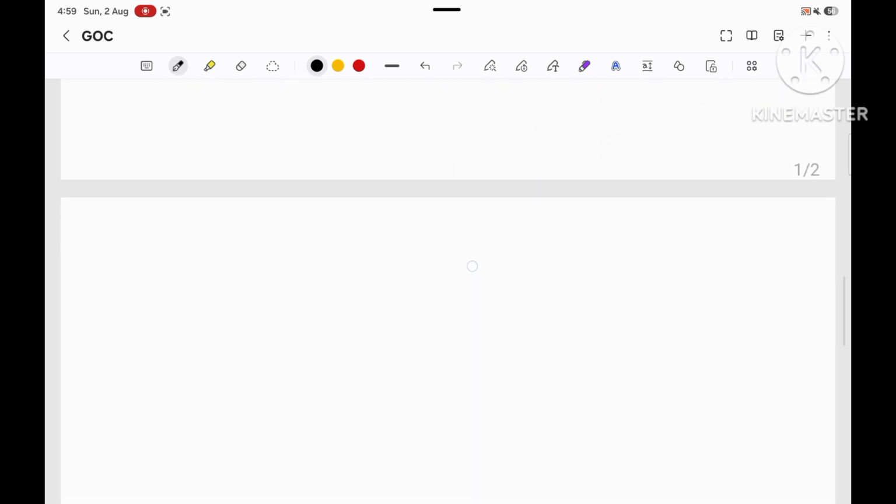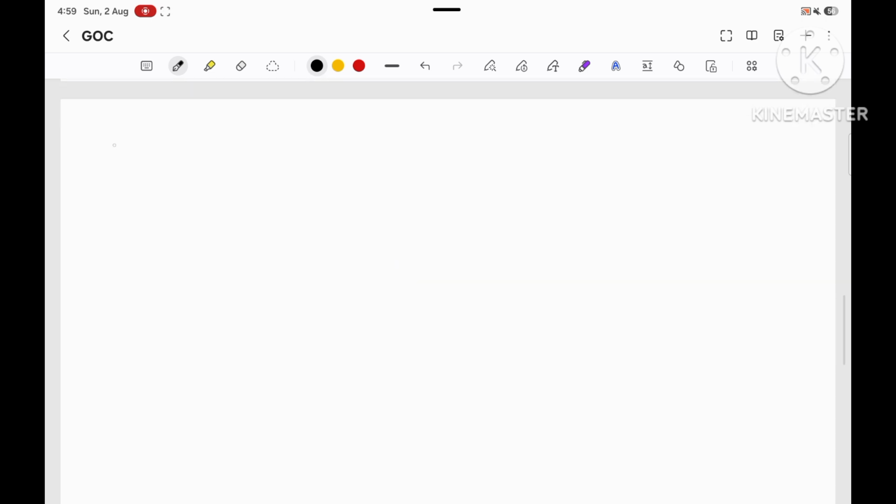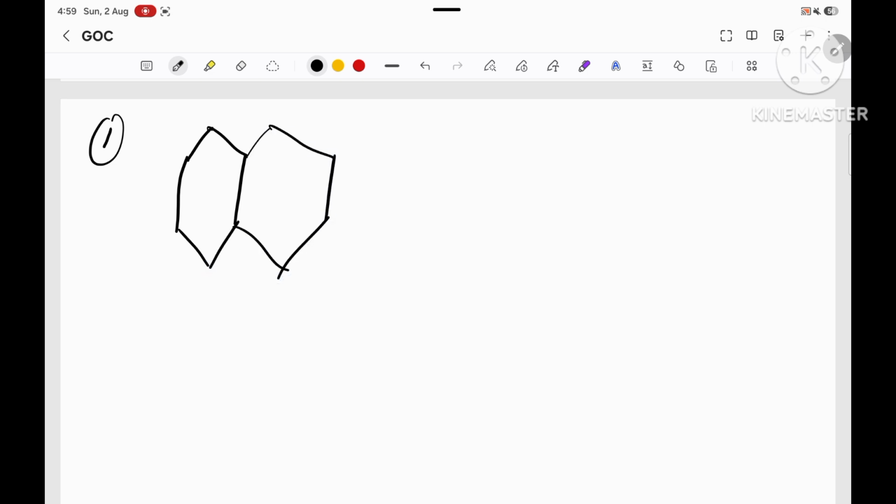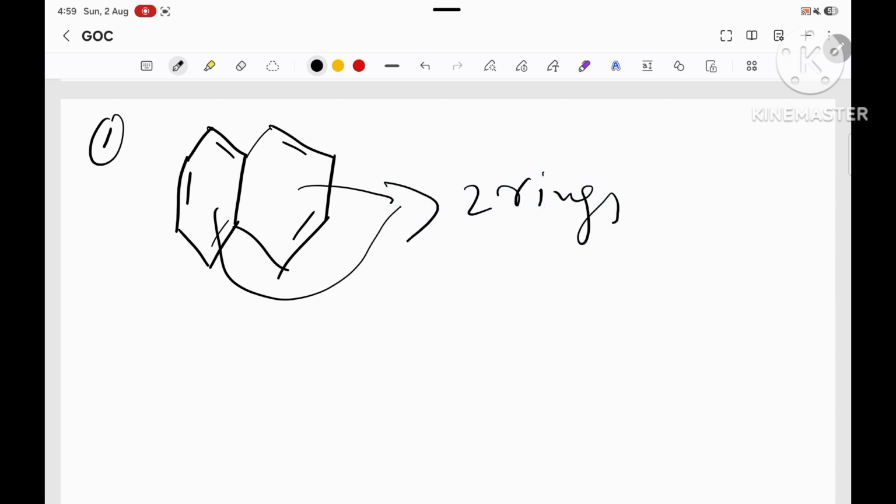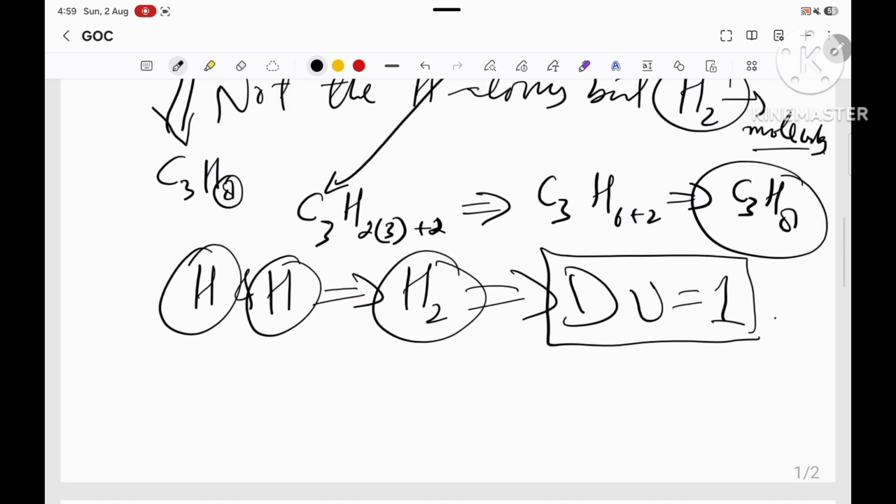We will check it for different structures. I will give an example: we make a structure like this. This is one ring, this is another ring, and like this. Here are 2 rings, and how many double bonds? 1, 2, 3, 4, 5.